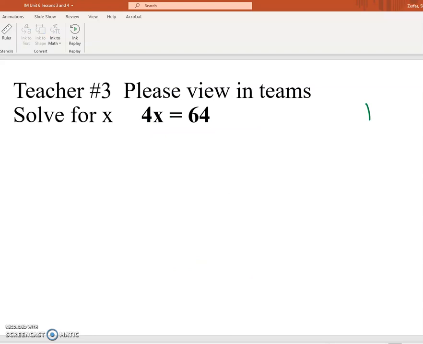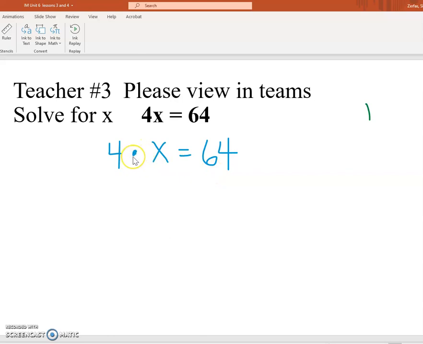This third example, I am going to solve for x. And I can't see an operation happening with the 4 and the x. It's not explicitly shown. So let's remember that 4 is a coefficient, meaning it is multiplying the x. So if I have 4x, it's really saying 4 times x.